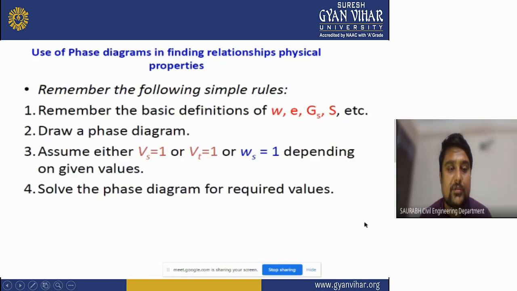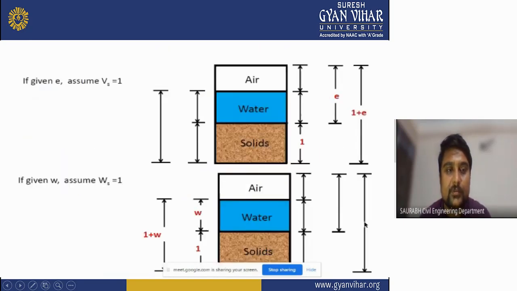You also need to know about the three-phase diagram and how to draw it. Assume either volume of solid equal to 1, or volume of total equal to 1, or weight of solid equal to 1, depending on the given values. Solve the phase diagram for the required value.